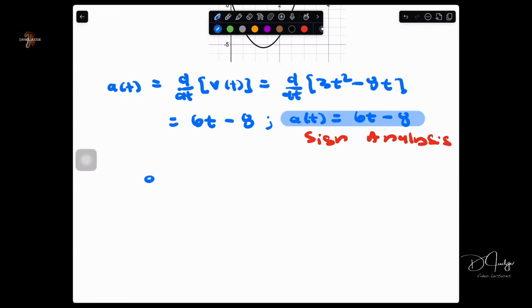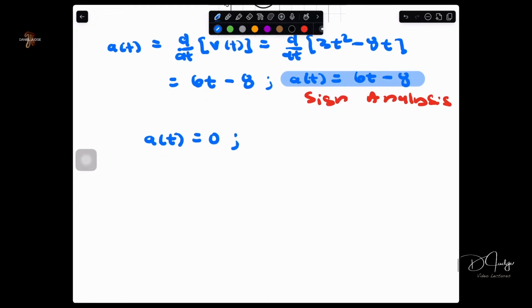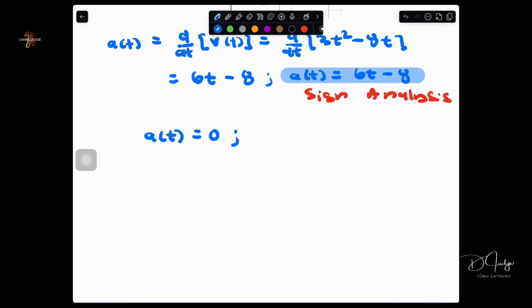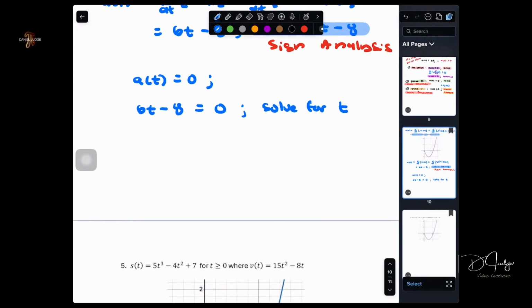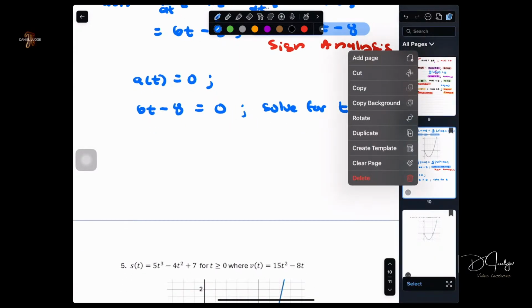So we start by letting that acceleration be 0. This is also, by the way, when you have velocity being a constant. Constant velocity gives acceleration is 0. So we can solve this for t now. That's what we want to do. Solve for t.